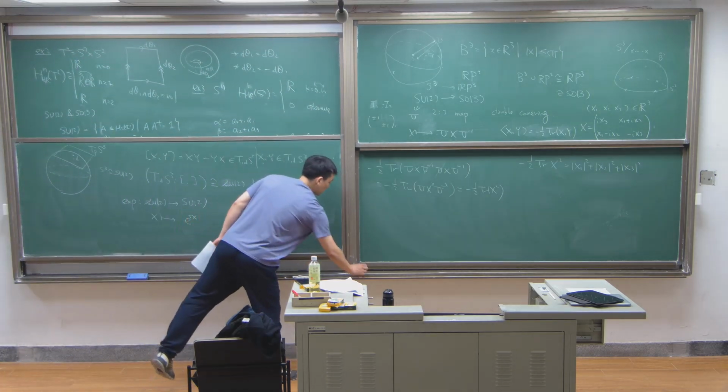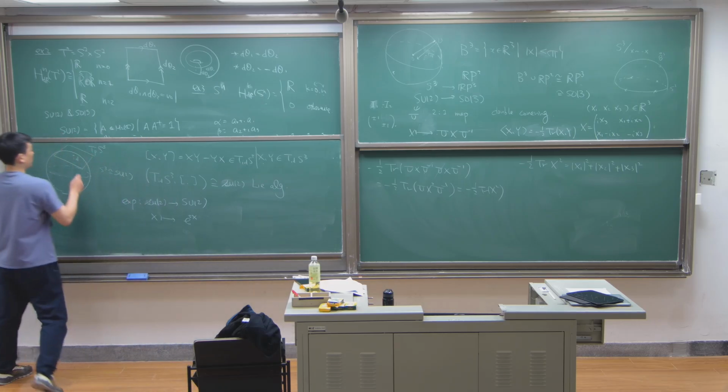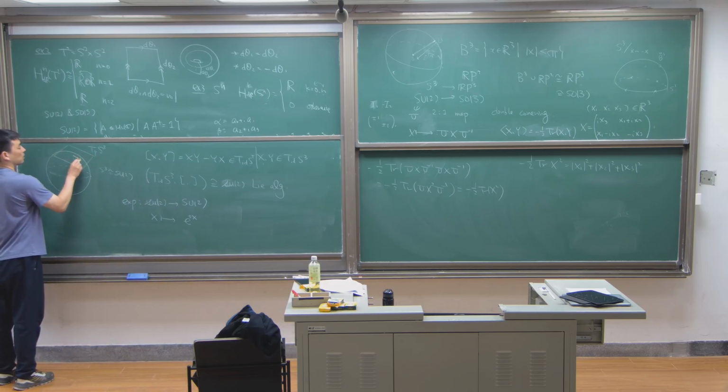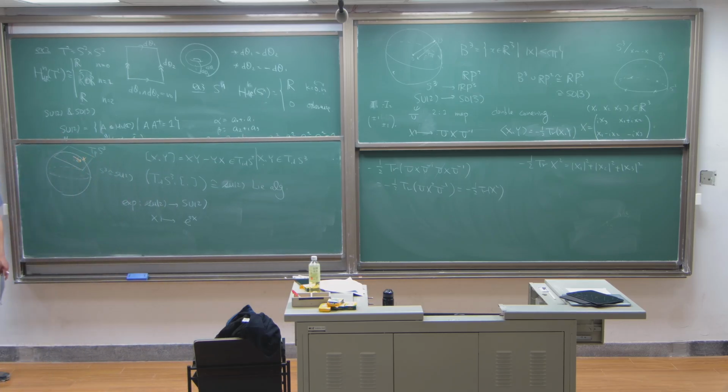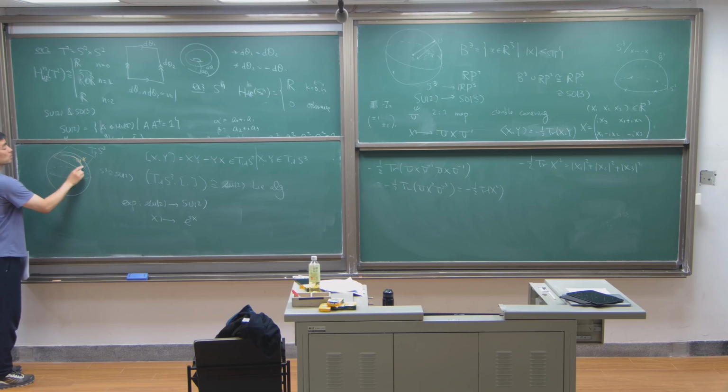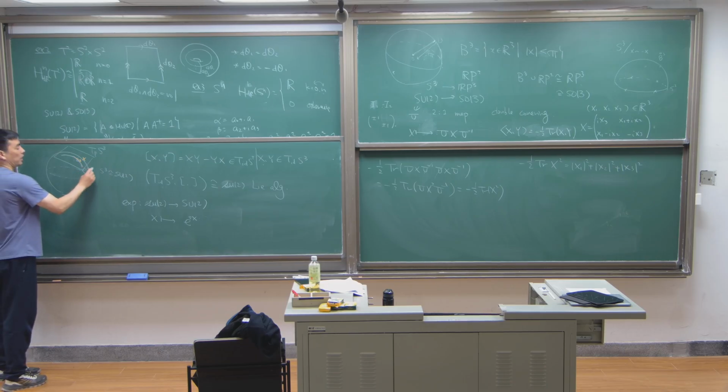So you have an element X in the tangent space, and this exponential map will give you a curve, like this. So this is e to the tX.